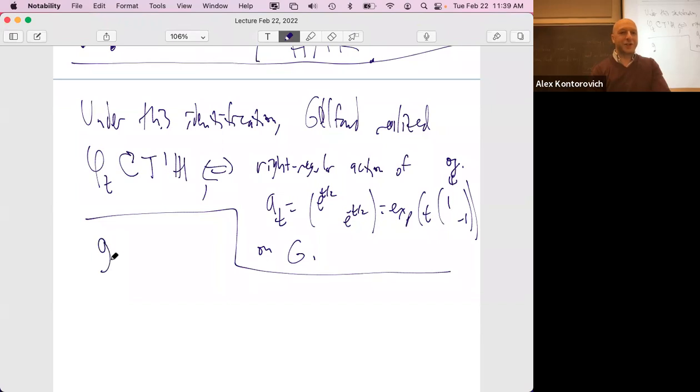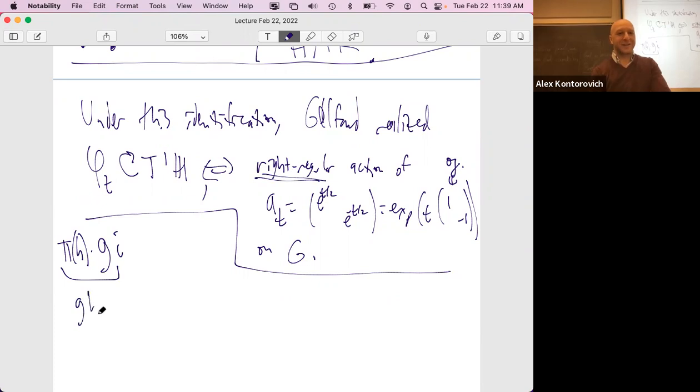In other words, if I have g, and I have some representation, and I want to act by an element h, what should that action be? Is it h times g, or is it g times h? That's where I'm saying it needs to be a right regular action, g times h.